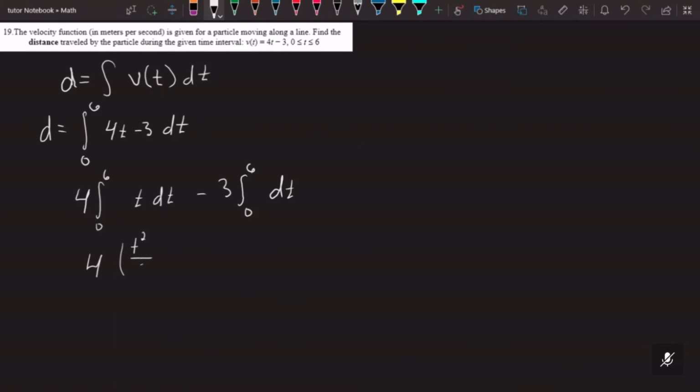So the integral of t is t squared over 2. And the integral of 1 is t. So we end up with 4t squared over 2 minus 3t, all evaluated from 0 to 6.